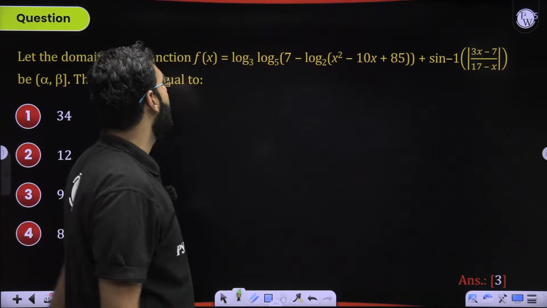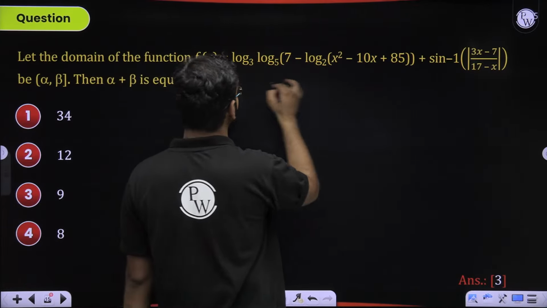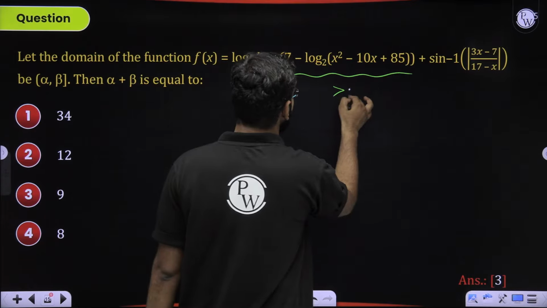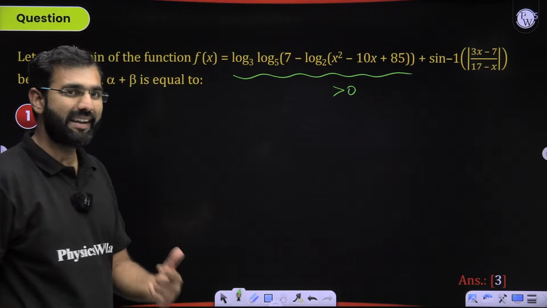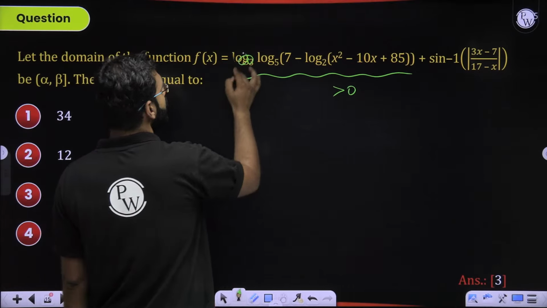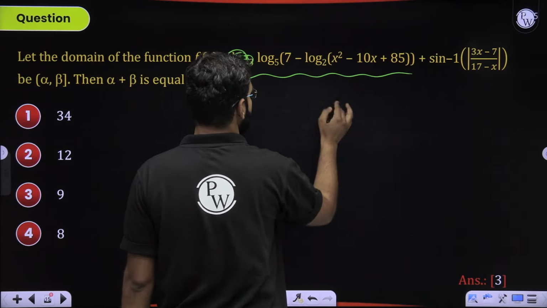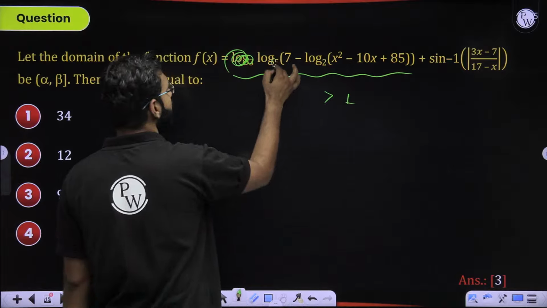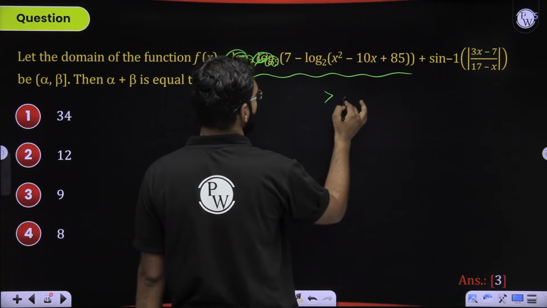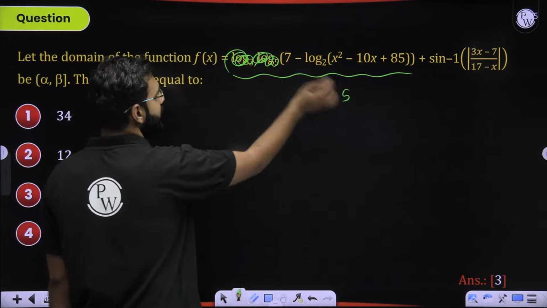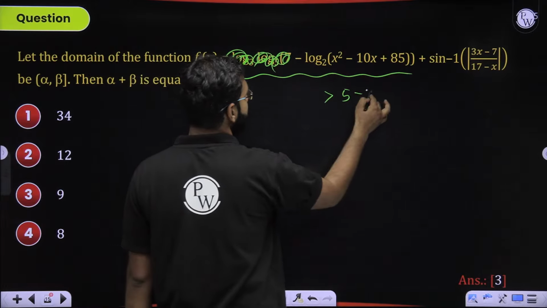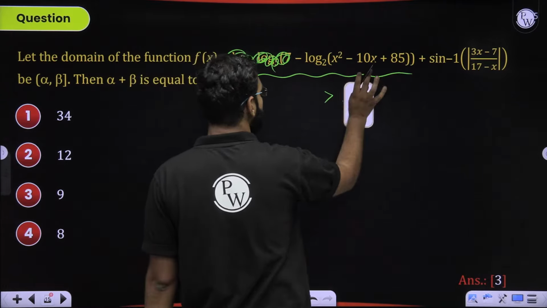What did I do? I want this entire logarithm to be greater than 0. I hope you remember that. So if I take the antilog, 3 to the power 0 will be 1, so it should be greater than 1. Then again I'll take the antilog, so 5 to the power 1 is again what? 5. Then I take this 7 on the other side, so it becomes 5 minus 7, that is minus 2.